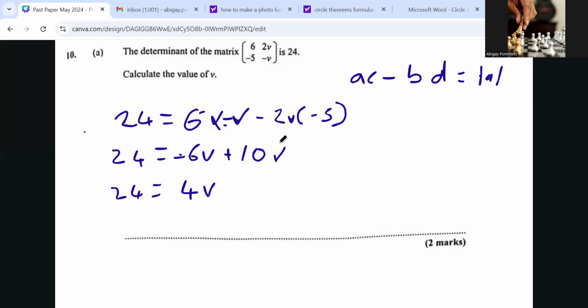So V equals 24 divided by 4, which gives you 6. And that's our answer there. So V equals 6.